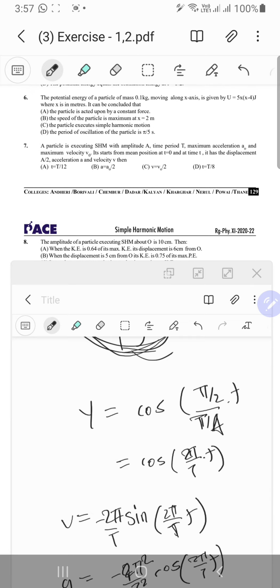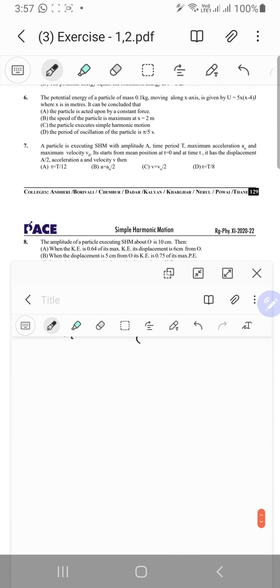The potential energy of a particle of mass moving along the x-axis is given by this expression, where x is in meters. It can be concluded that the particle is acted upon by a constant force. The speed of the particle is maximum at 2 meters per second.